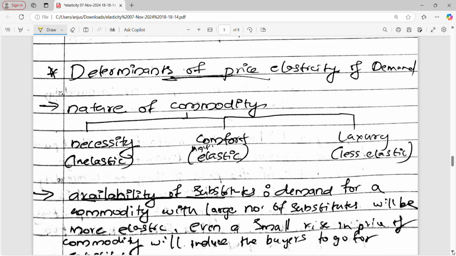In the next class, we'll discuss the determinants of price elasticity, that is, the elements that determine the responsiveness of demand to price change. Then we'll discuss the cross price elasticity of demand, then income elasticity of demand. Okay, so that's all. Bye. Happy learning.